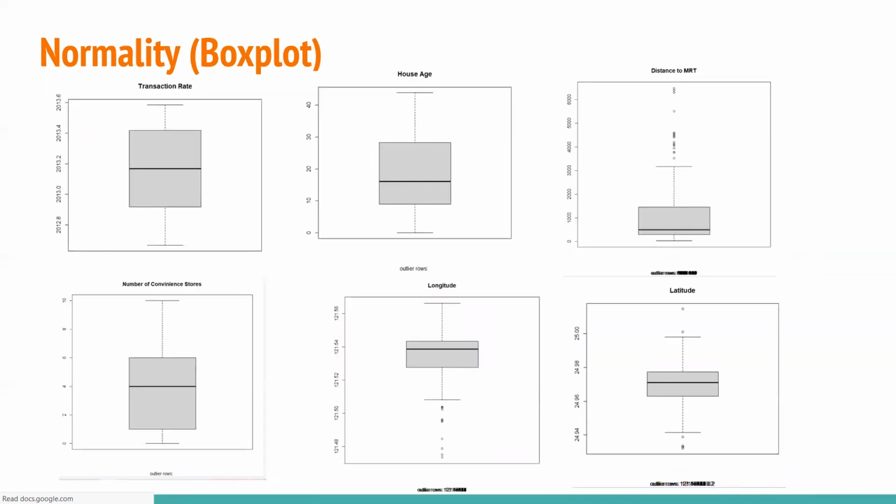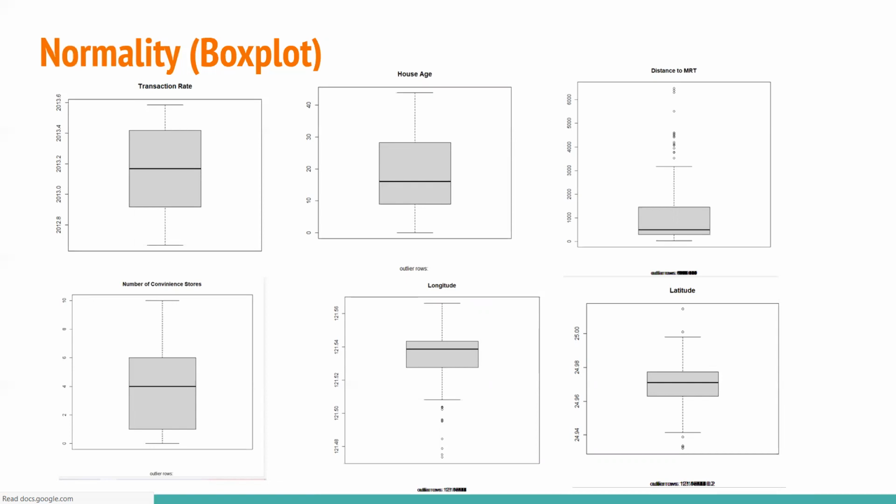We also studied the box plots, and we found out that one of the best box plots, meaning that the mean was right in the middle, was the transaction rate and the number of convenience stores, even though the house age was on the lower end of the mean, as well as the distance to the MRT.